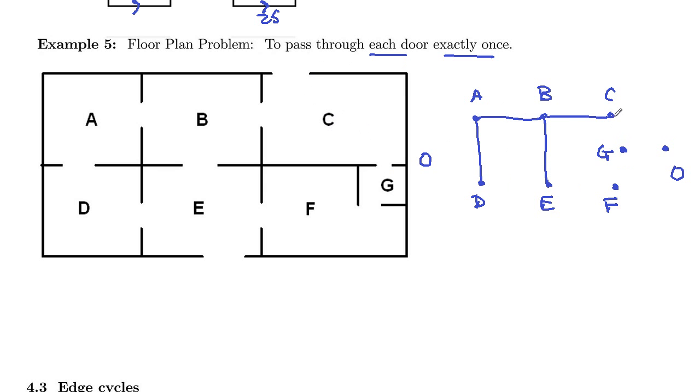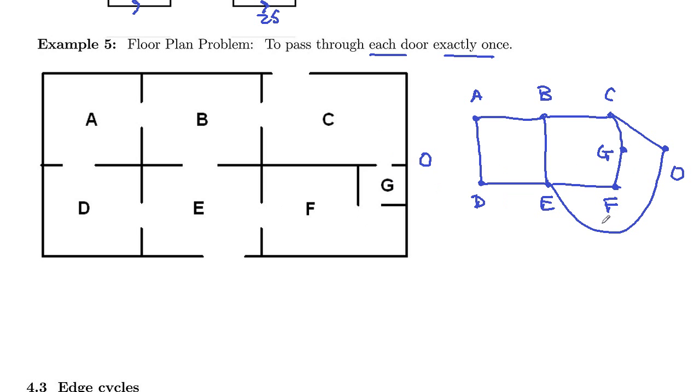D is joined to A and E. We've already got A, joined it up to E. E is joined to D, B, F, and the outdoors. And then F is joined to E and G. And then G to C and F, which we've already got.